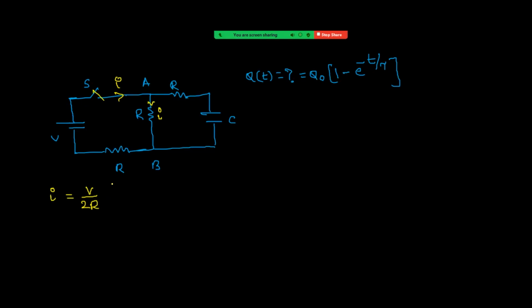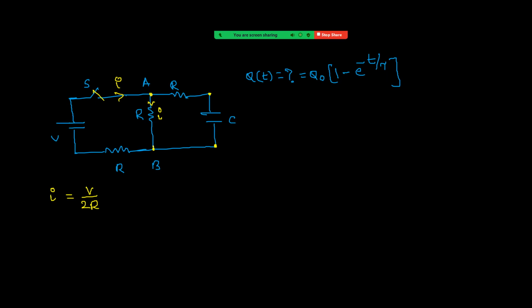Okay. So when current is V by 2R, we can see across this resistor, there is no potential difference because there is no current flow like this. So potential difference across AB is nothing but potential difference across the capacitor. I hope you are getting this point. Therefore, across the resistor, there is no potential difference.